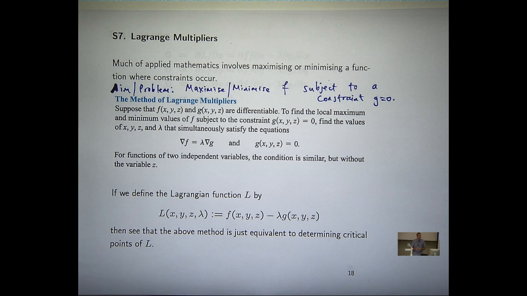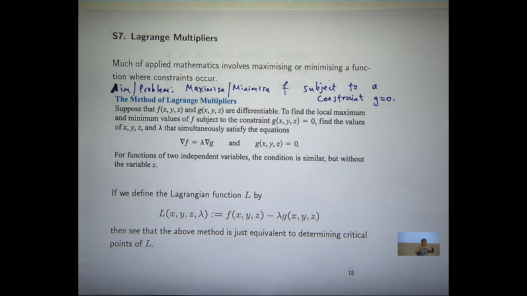So what I've written up there, the function that you want to maximize or minimize is just denoted by f. f might depend on 2 or 3 variables or more. And the condition or the constraint is denoted by this equation g equals 0.